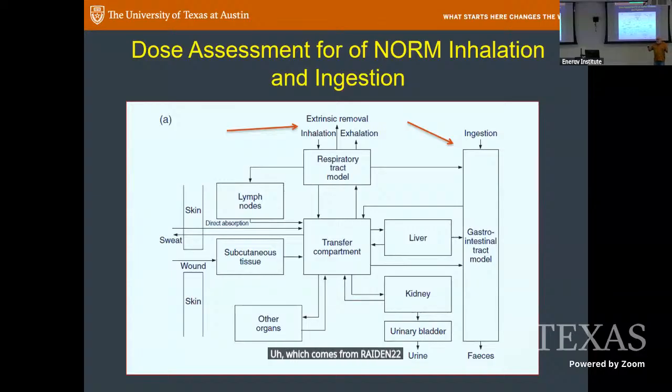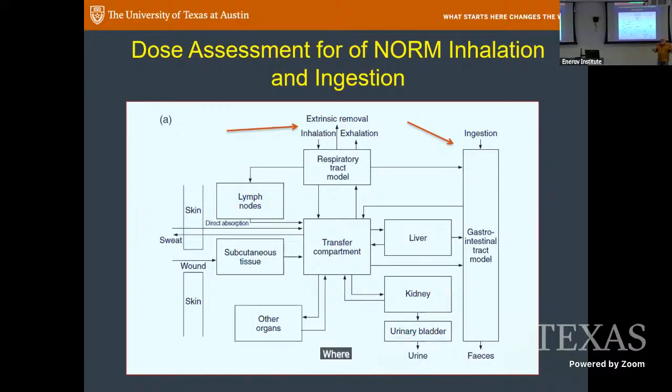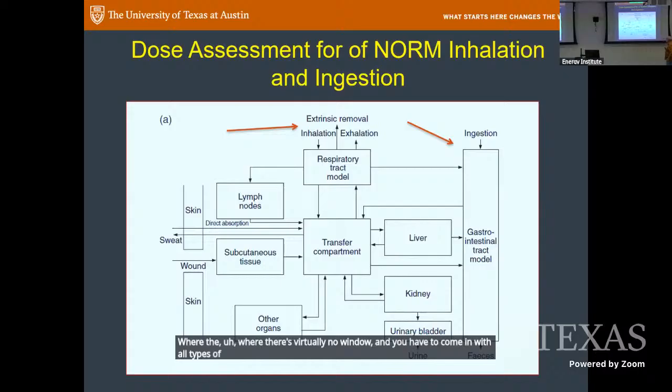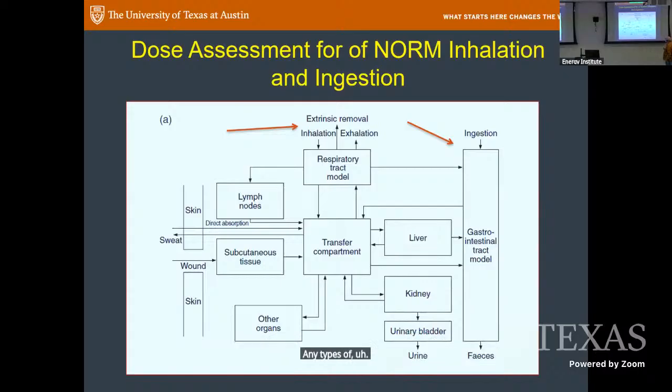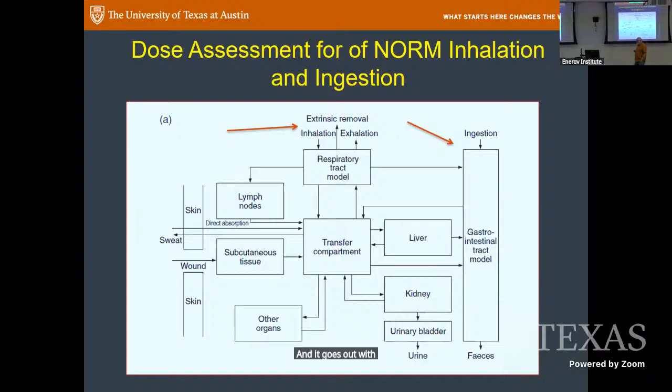There's virtually no problem with radon in the open field. It dissipates very quickly, obviously, but you start getting into contained spaces where there's virtually no window and you have to come in with all types of respirators. That has to be done. Any types of ingestion is really pretty good. It goes into your GI tract and it goes out with your feces.